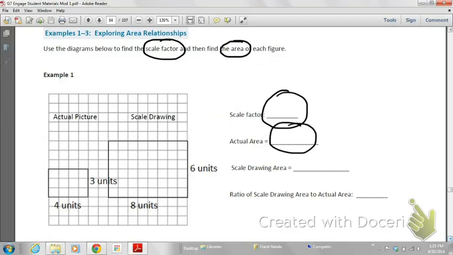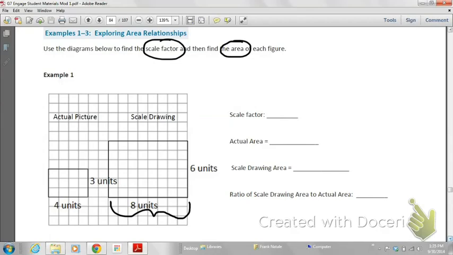Now with scale factor, we are just interested in comparing the scale drawing to the actual drawing. So if we look at the scale drawing right here, and we take one of those sides, that's 8 units.